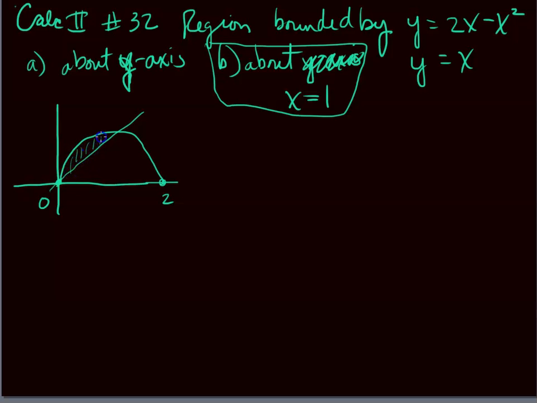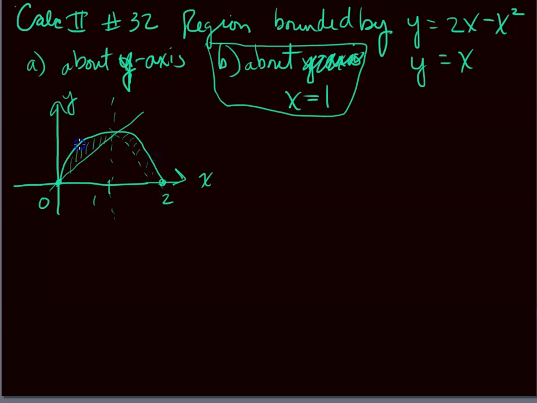Now the region that's bounded is only this part on the left. But notice that this is the line x equals 1. And so that gives us really the other part of this shape, because we're spinning it around here.